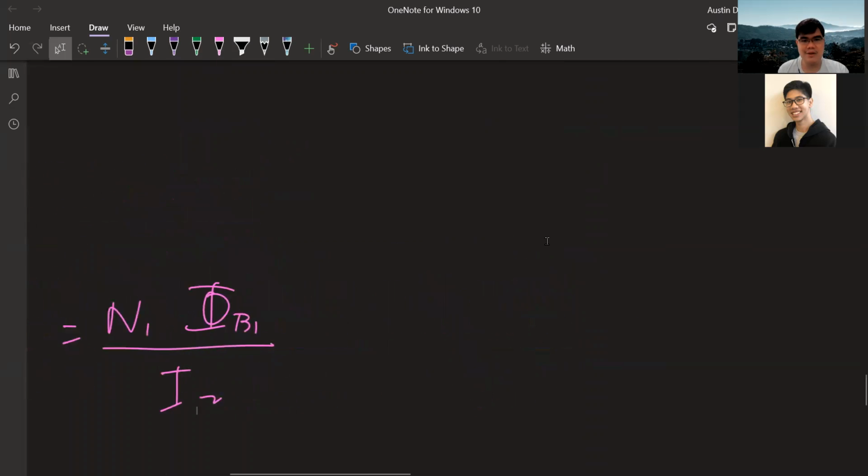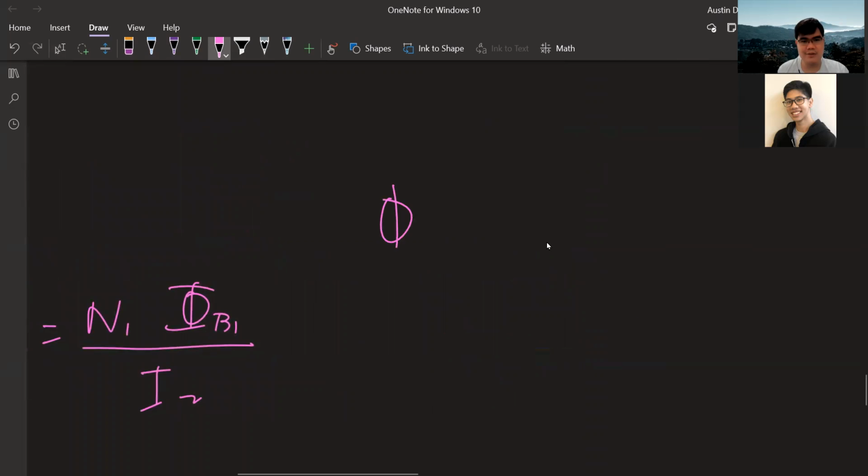Flux to number 2. Okay, so flux due to number 2, the toroid number 2, is given by yung magnetic field due to 1 times area ng pangalawa.